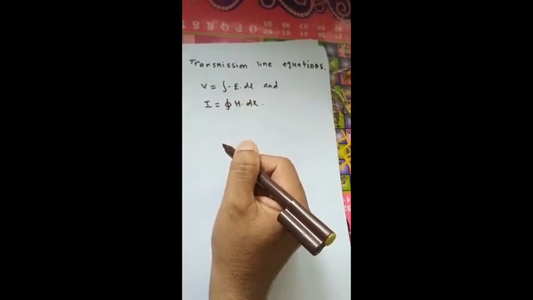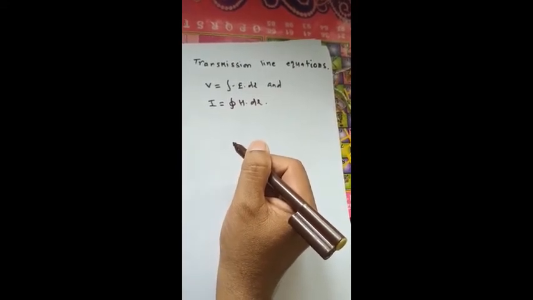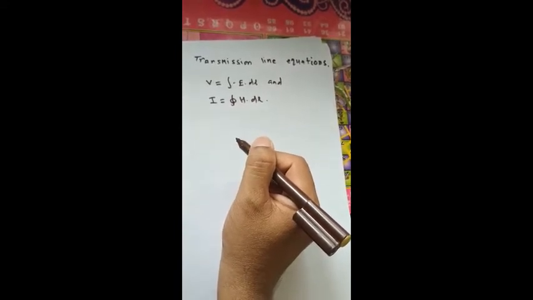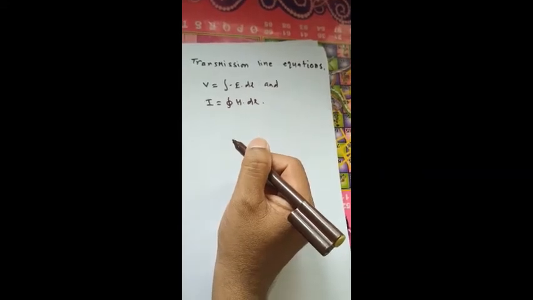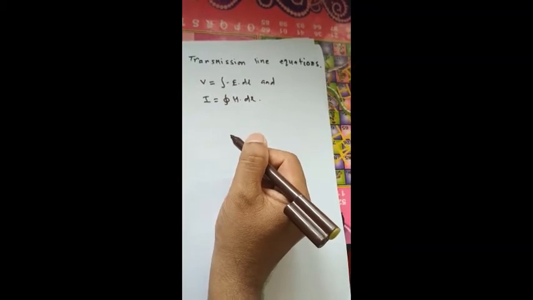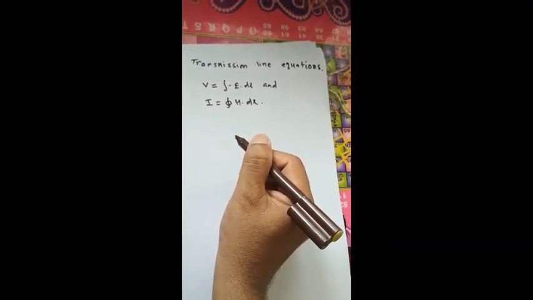So, as we can express the transmission line in terms of the voltage and current, instead of using the field quantities E and H, we will use the circuit model, which is simple and more convenient.